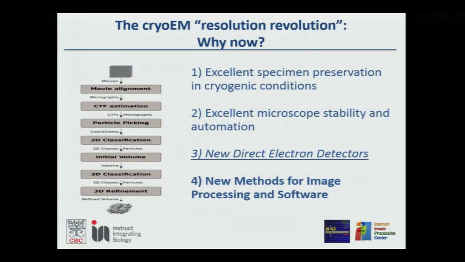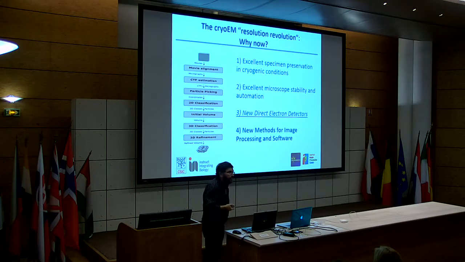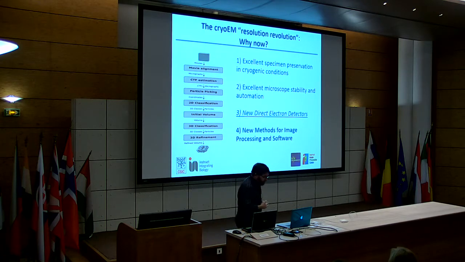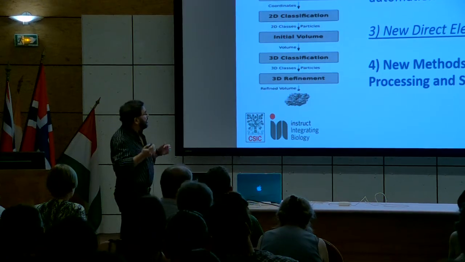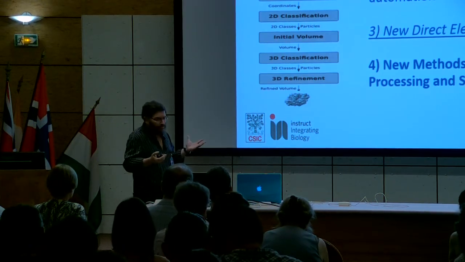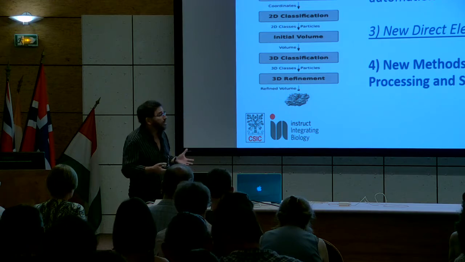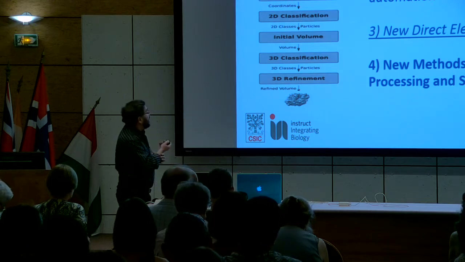And what has happened? Well, many things have happened, and Siran was talking about evolution, and certainly everything has a history behind, coming from the 80s. The cryogenic techniques for specimen preparation, microscopes that were every time better and better. Certainly the huge revolution in EM and also in X-ray of the new detectors, and this has been addressed by Shores, and this has been probably the change in the game that has happened.